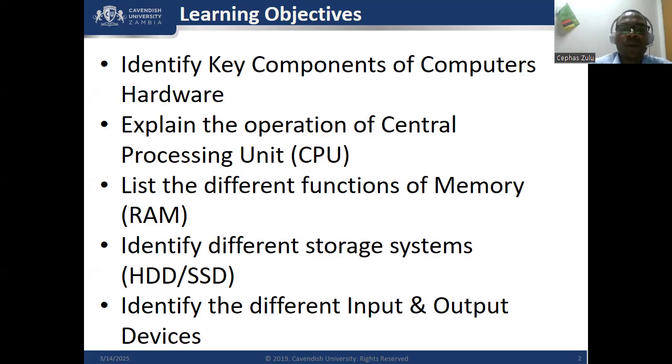So in other words, you're talking of digital storage. Then from there, we'll identify the different input and output devices which are used by computer systems. So this is the content of our lesson today.